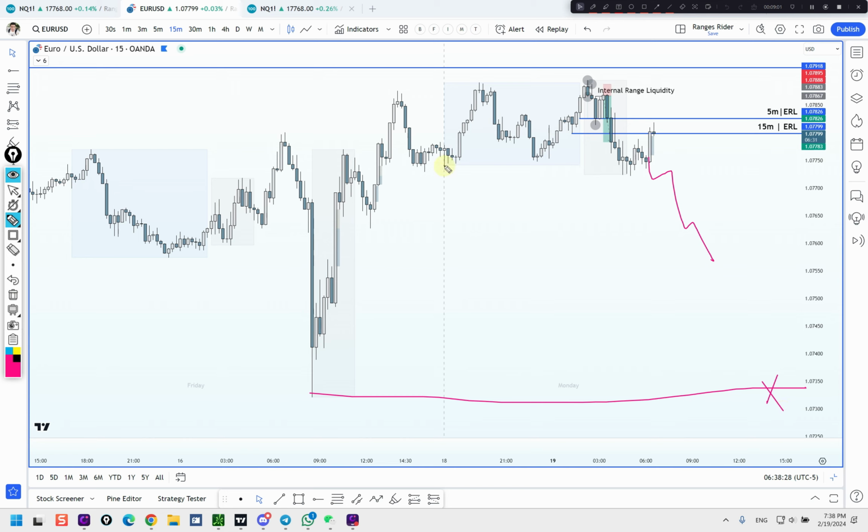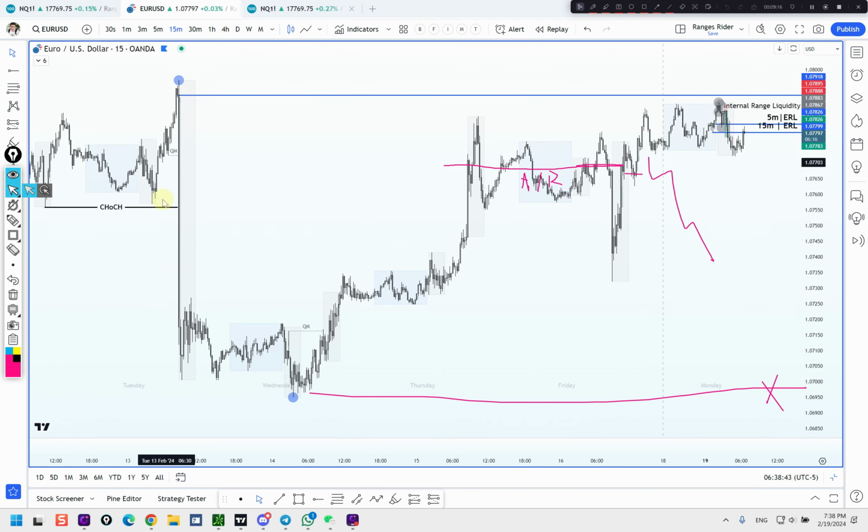But actually, we have already taken the Asian range low. Since we are bullish overall, this is the bearish range, and then after this QM we are bullish until we reach the extreme, and this is all empty space. So all this liquidity is building up.